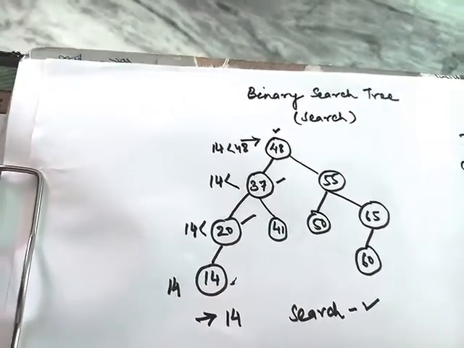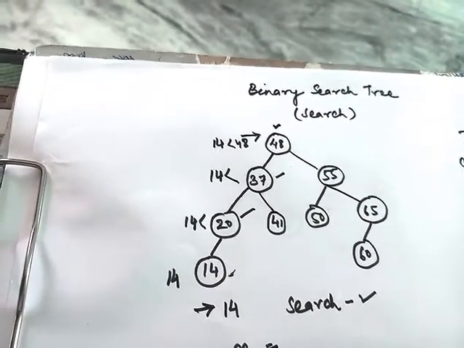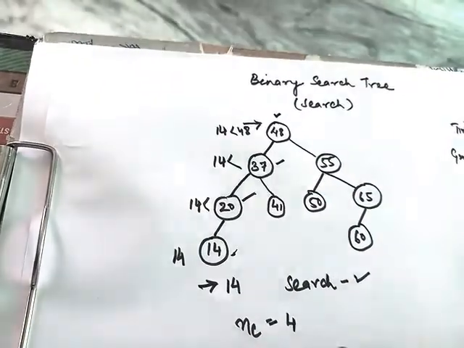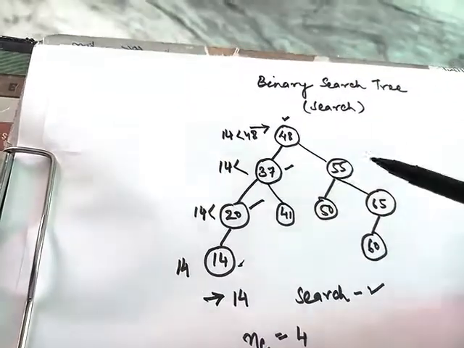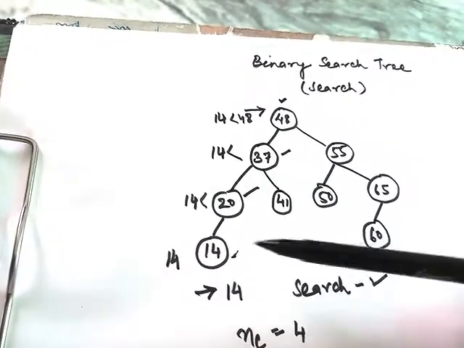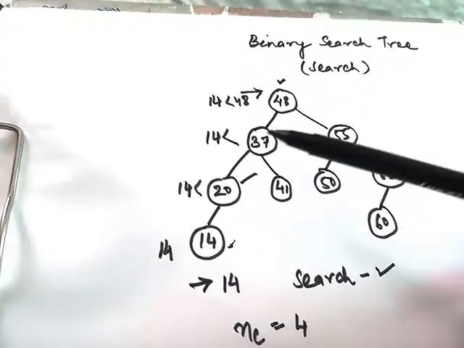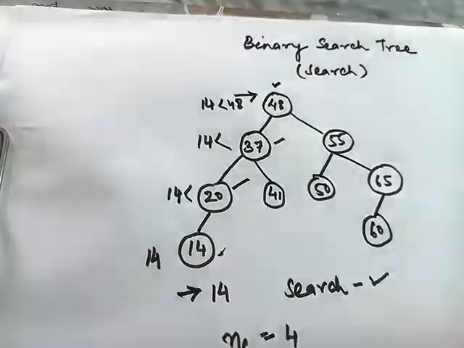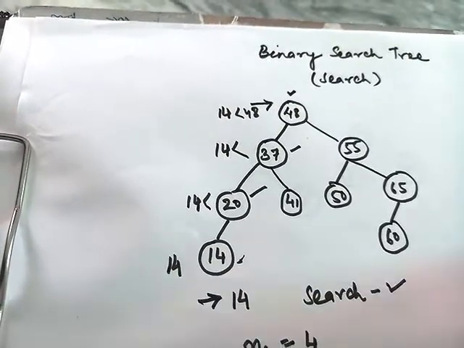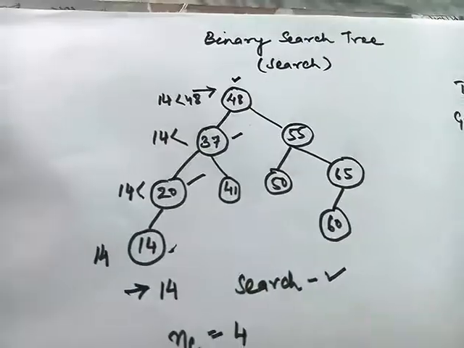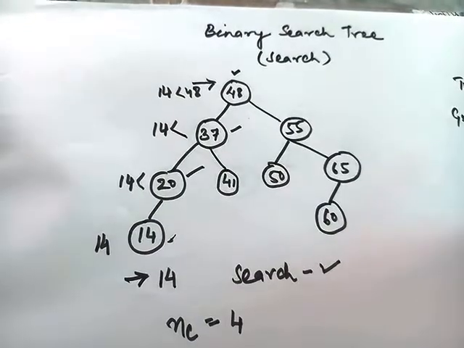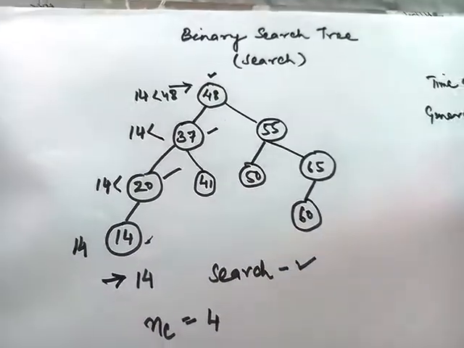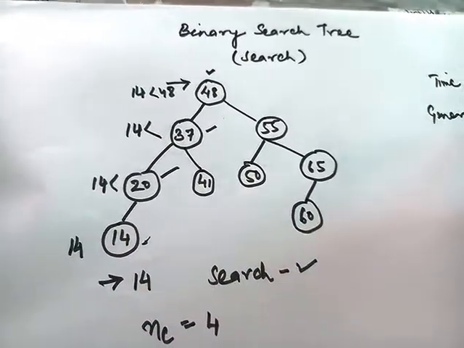So the total number of comparisons in this case is 4. Within 4 comparisons you come to know whether 14 is available in this tree or not.